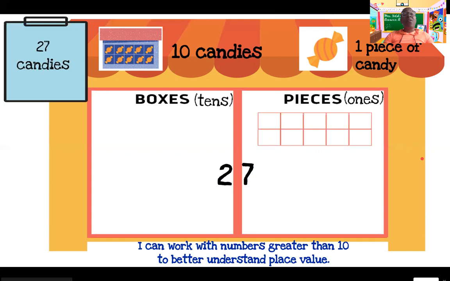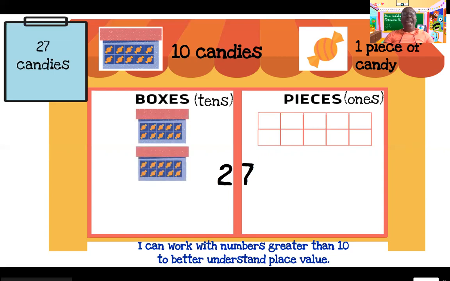Therefore, we know that we are going to need 2 boxes to make our number, and then we're going to need 7 pieces. 1, 2, 3, 4, 5, 6, 7.